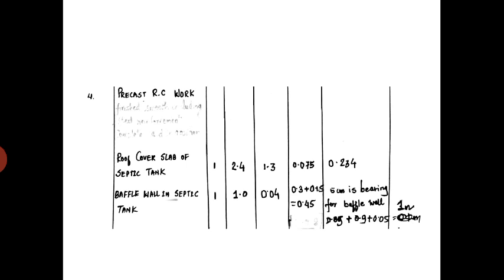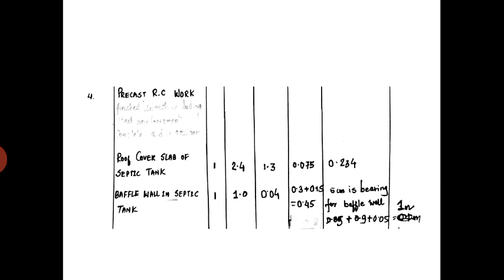When you say it is 7.5 centimeters, it will be 0.075 meter thickness, or we can call it the height. The breadth, or the width, is 1.3. Then if you multiply 2.4, 1.3 and 0.075, you will get 0.234 meter cube.